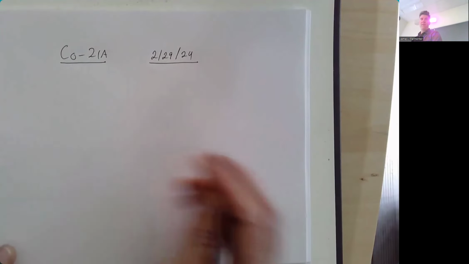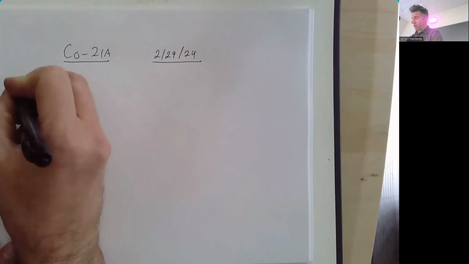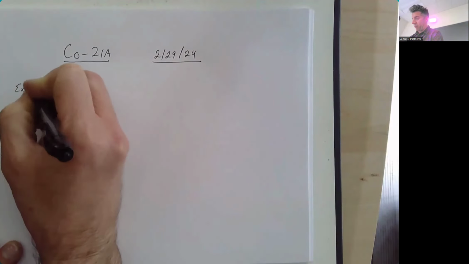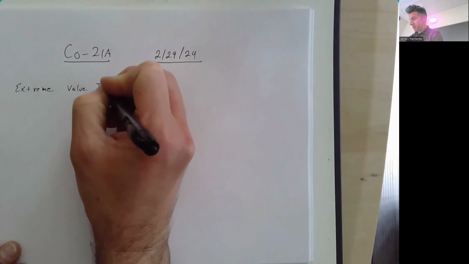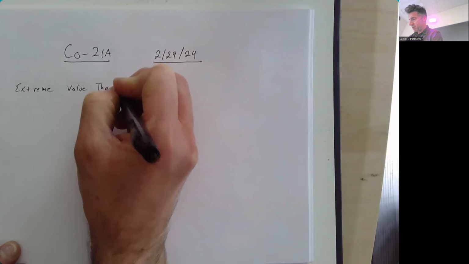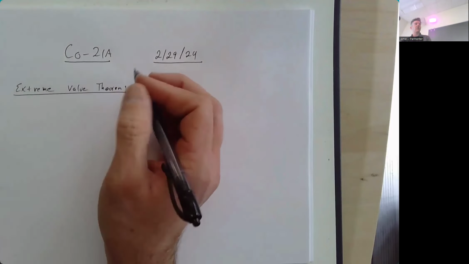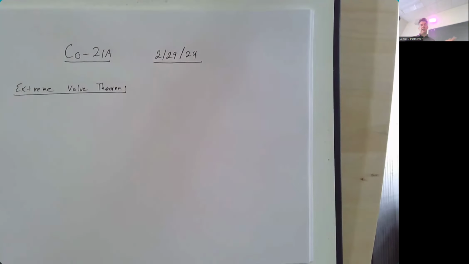I'll remind you of a few theorems that you might have seen already. Well, I guess I'll tell you about a few theorems. So the extreme value theorem just says that a function attains its maximum and minimum on a closed interval if it's continuous.